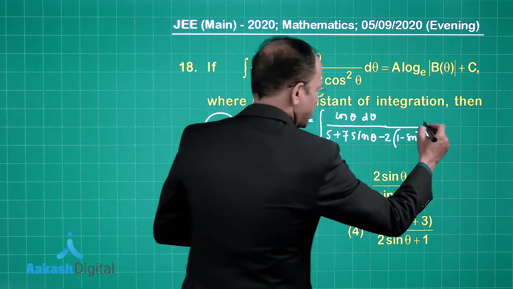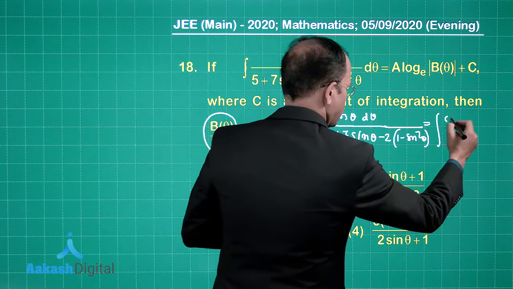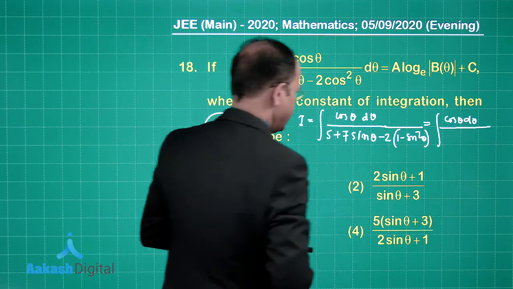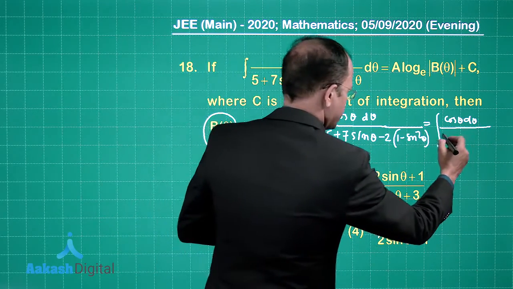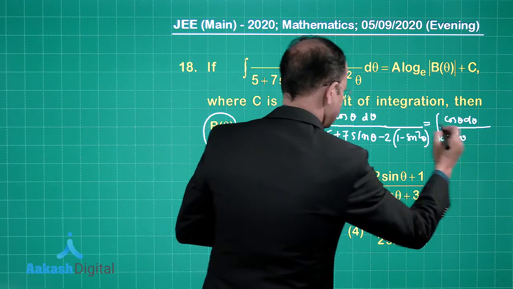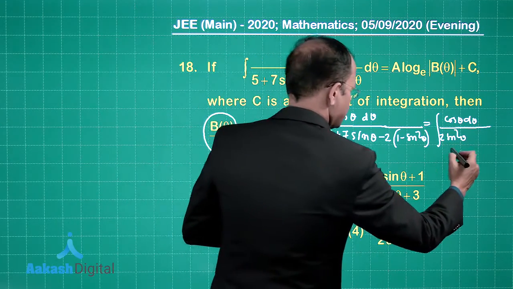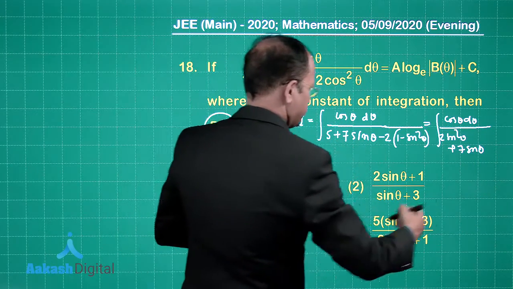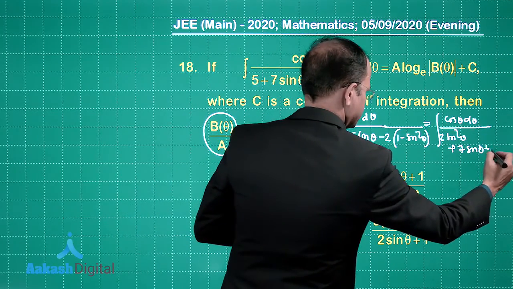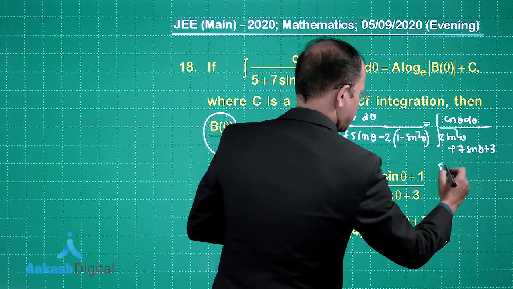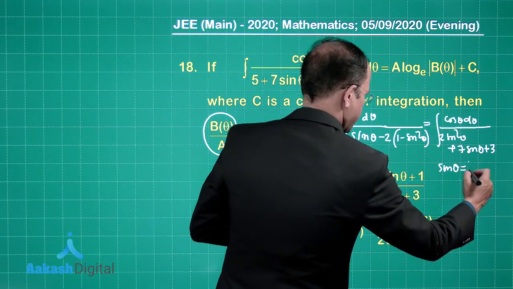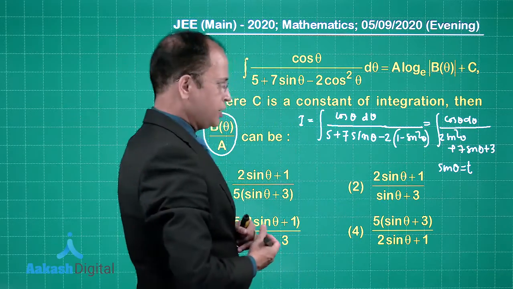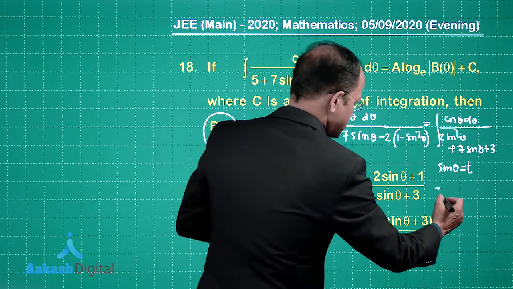So this can be written as cos theta d theta whole divided by, we have 2 sin square theta, then we have plus 7 sin theta, and then we have plus 3. So sin theta can be taken as t, and accordingly we can solve this using the special integral form.